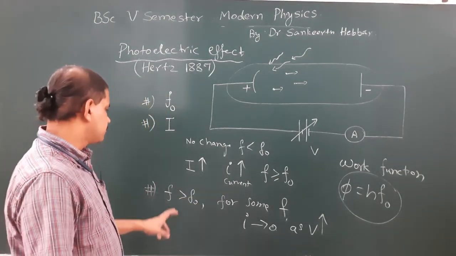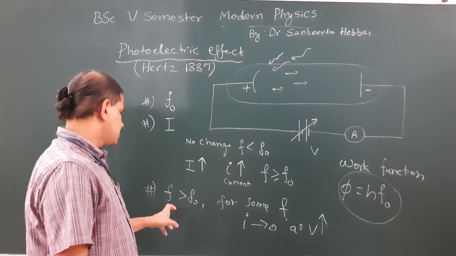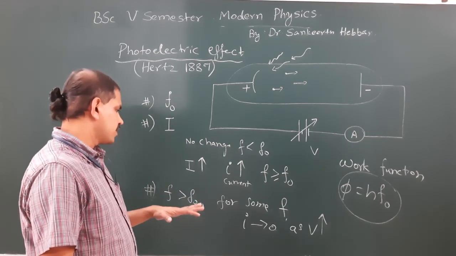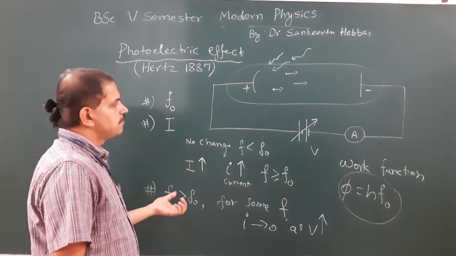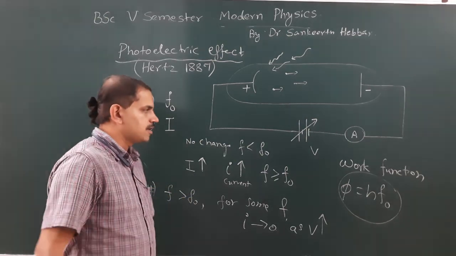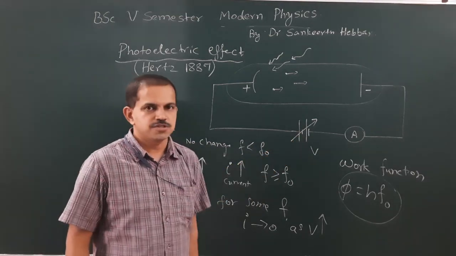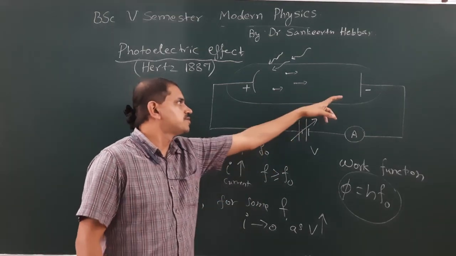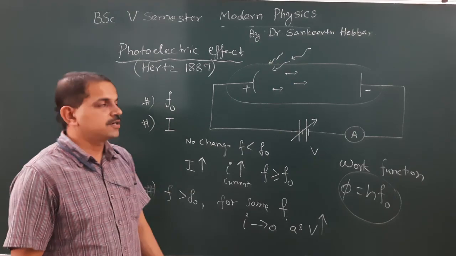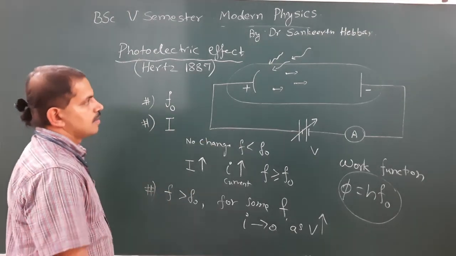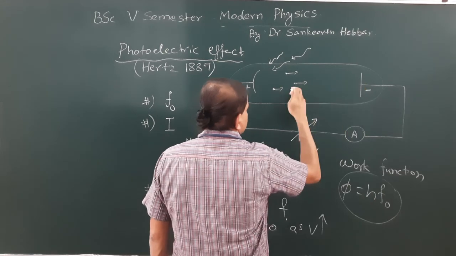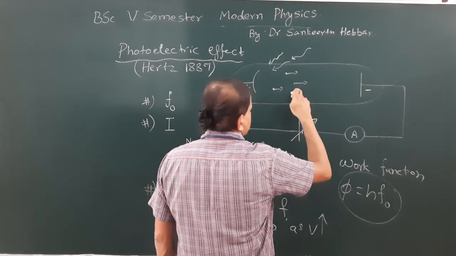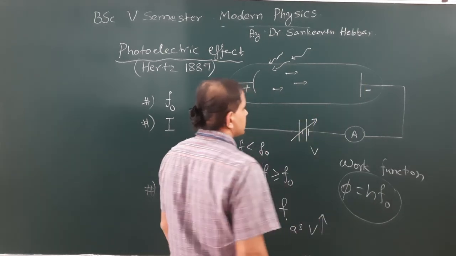And later what he did was, he kept the intensity constant, went to f naught, and then increased the negative potential, which actually opposes the electron reaching this. If the negative potential is slightly higher, and the electron has 0 energy, it cannot reach there.